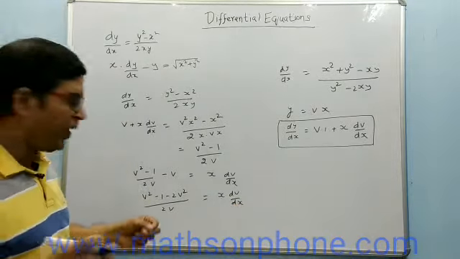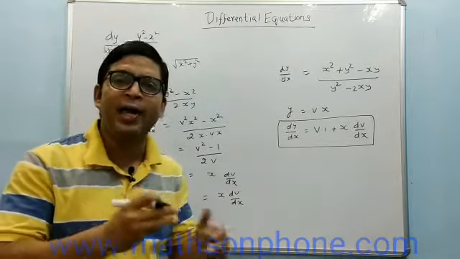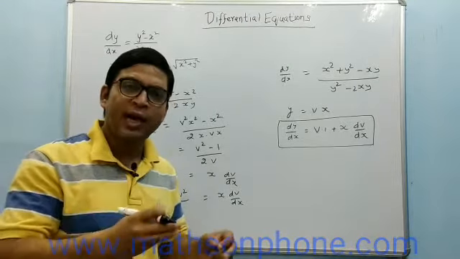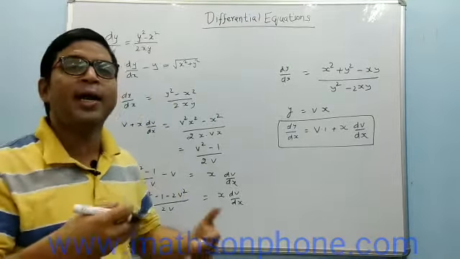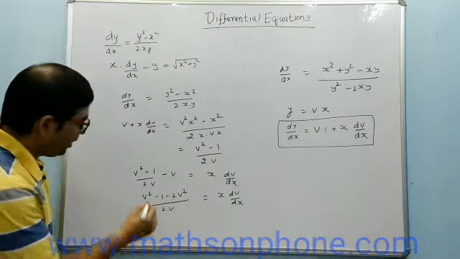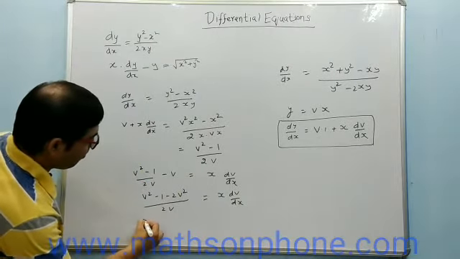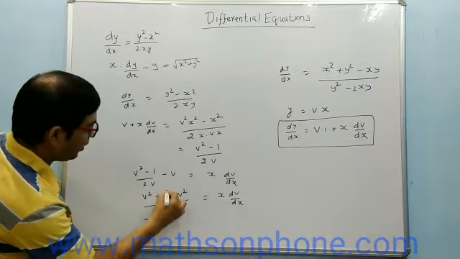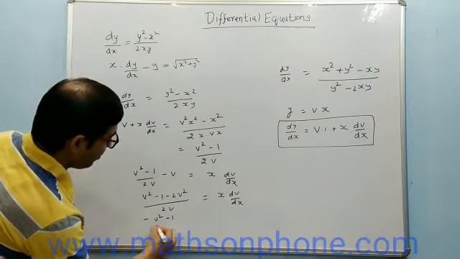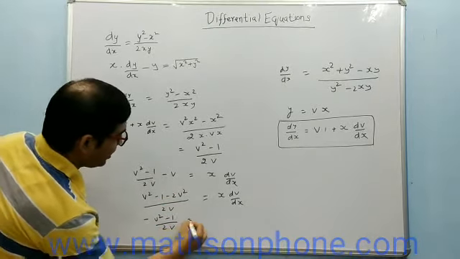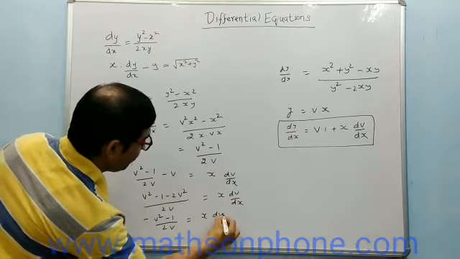We are doing this to separate v and x so that they become variable separable and easily integrable. It is coming out to be (minus v square minus 1) by 2v is equal to x dv by dx.